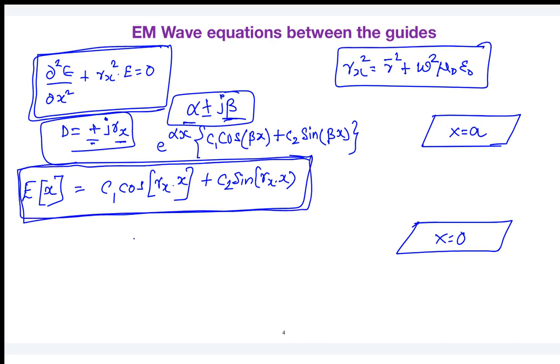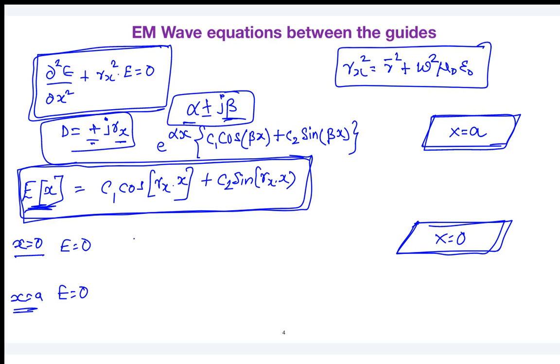Now there are certain conditions here. When you write this electric field intensity at x is equal to 0 and x is equal to a, since both these are perfect conductors, the electric field intensity will be 0. Inside a perfect conductor, the electric field intensity is equal to 0.